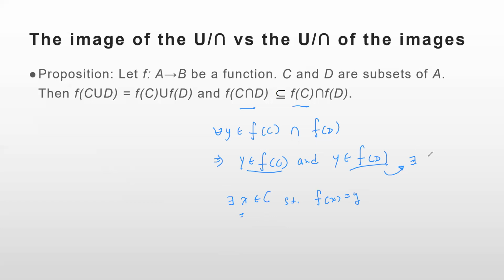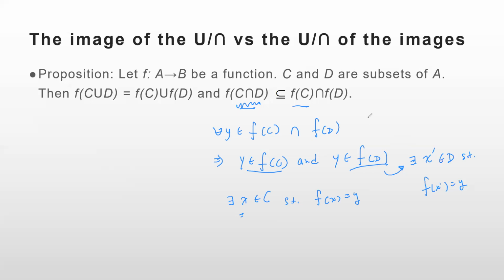Maybe a different x, so you have to write some x prime here. There exists x prime, possibly equal to x, possibly not, in D such that f of x prime equals y. But it's not necessary that x and x prime be the same. So these elements may not be in the intersection. There may not be any element in the intersection that makes f of x equal y. Okay, so that's a problem.